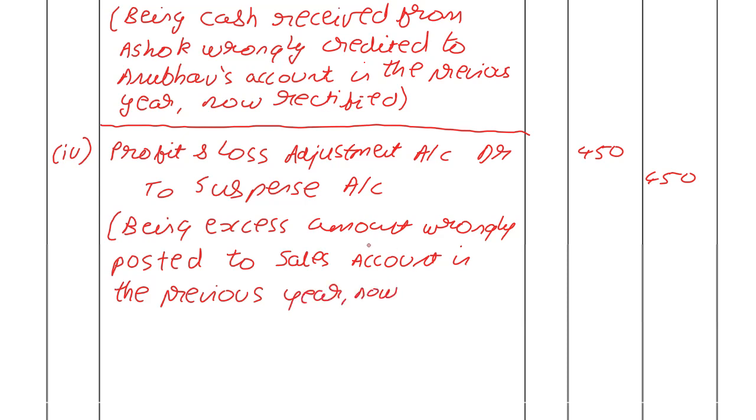Okay, if you don't want to write being excess amount wrongly posted, you write being 4617 wrongly posted instead of 4167 in the previous year, now rectified. Even that will do. That would be better because you're mentioning the numbers. Either way, we are done with this rectification entry.